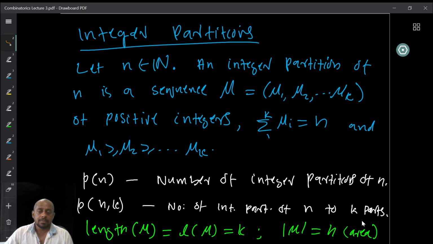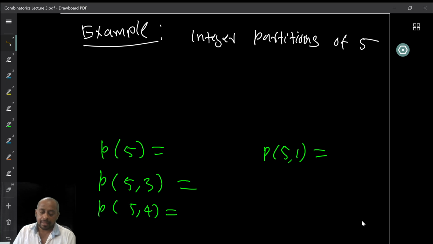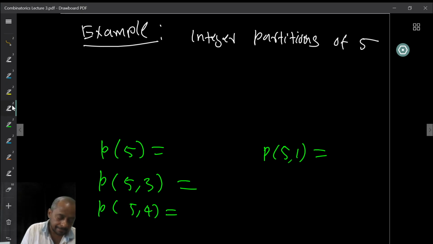So let us look at some examples. Let us take the number 5, and we want to find the partitions of 5.